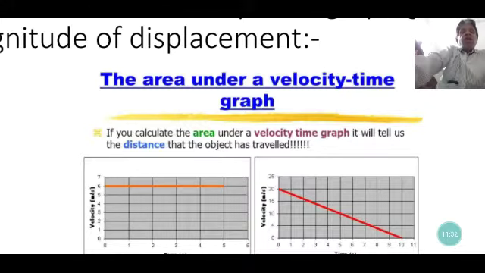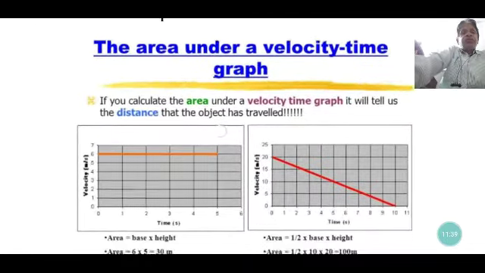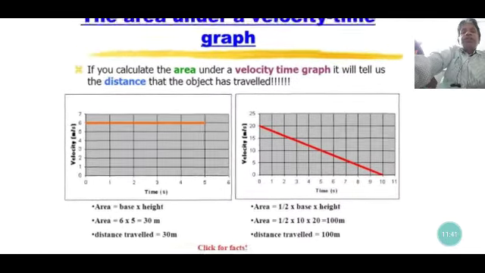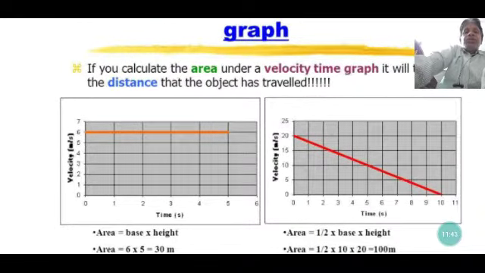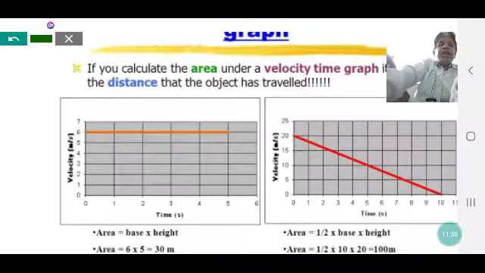Here, how the area represents the displacement. Look here. Here it is velocity in meter per second, and it is time in seconds. Now this line is parallel to the time axis, so the object is moving with uniform constant velocity. The velocity does not change as time passes.